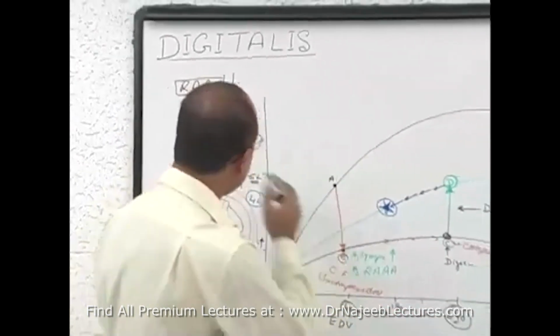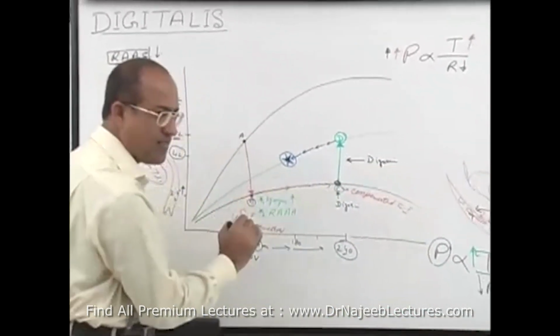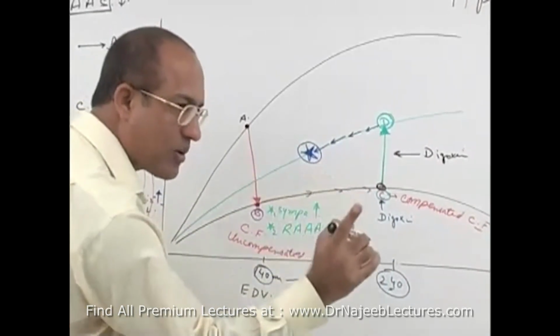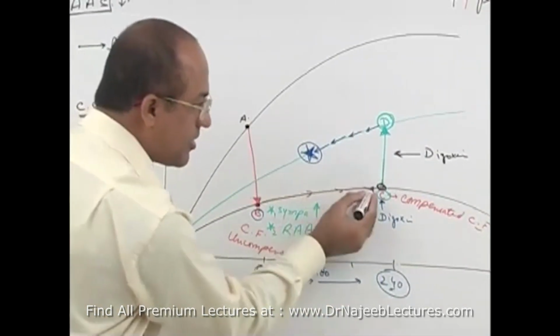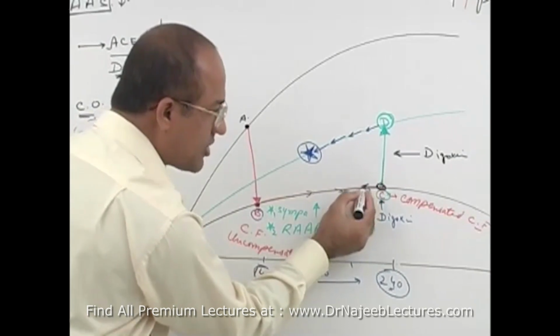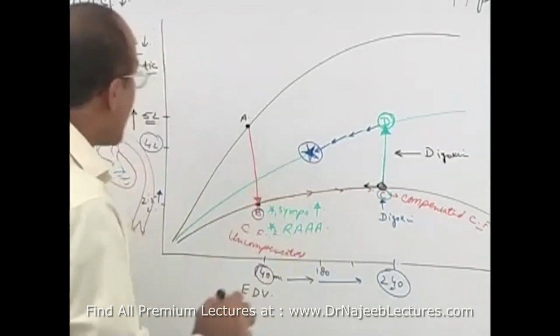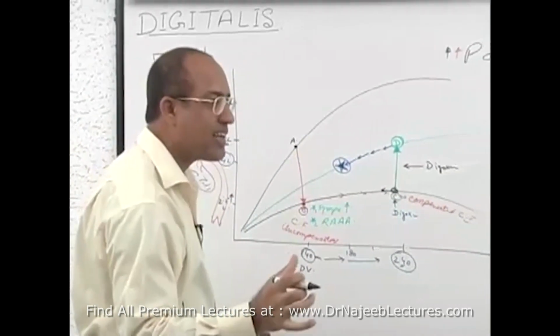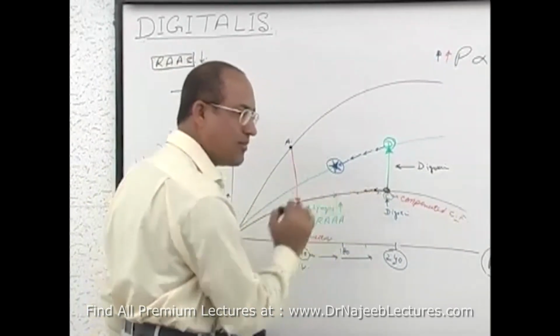Now imagine these two drugs introduced at this point. What will happen when salt and water is less? It should move in this direction. Is that right? And when angiotensin 2 is less, veins will dilate. It will still move in this direction.